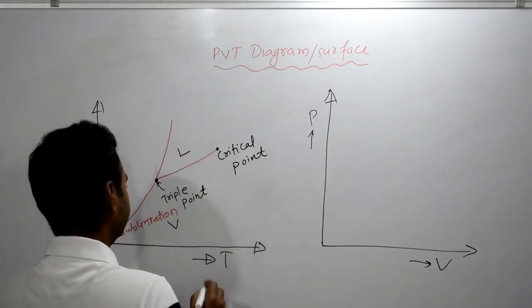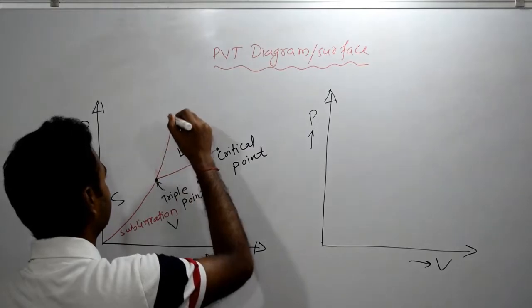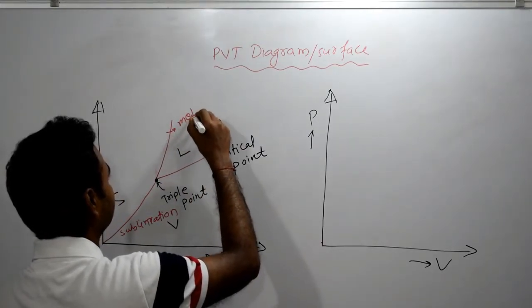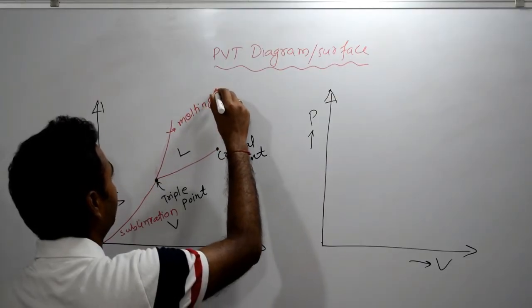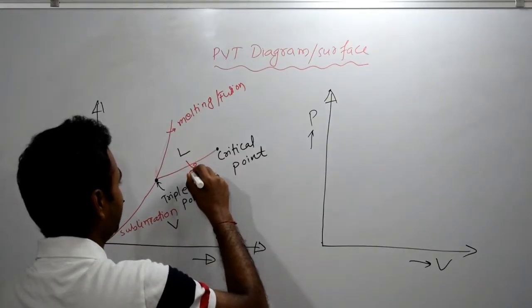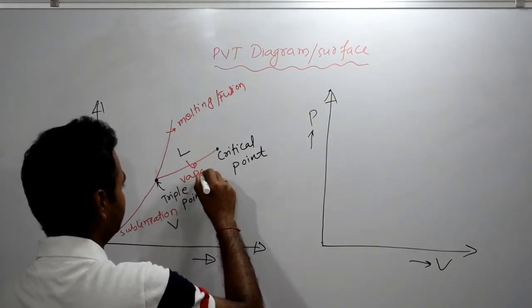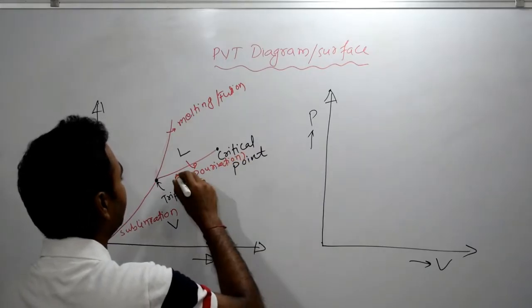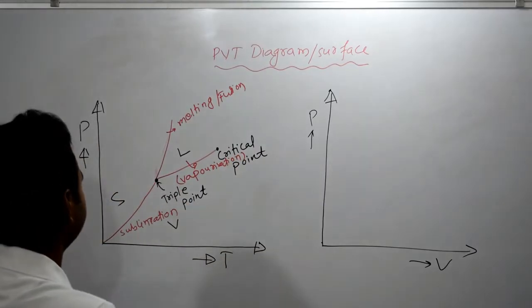This is liquid, this one is vapor, and this one is solid. This is known as the melting line, also known as fusion, and this line is vaporization. All right, I hope you got the point.